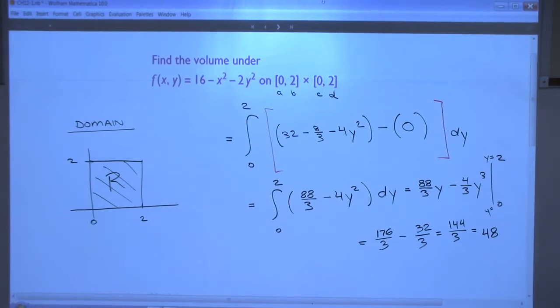Hold on. Yeah, 48. That's the volume. It's a unitless volume because we don't know what any of this is measured in.